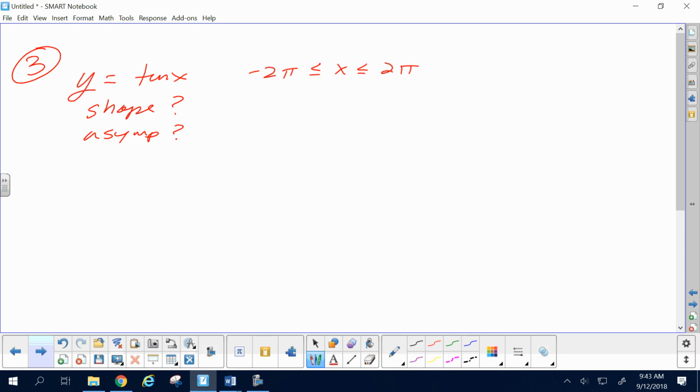Yes. The shape is like a cube, sort of. And the question is, what are the asymptotes? Now, if you can't remember that, think your way through it. The asymptotes happen because you have a zero in the denominator. So the asymptotes are where cosine is 0, and that's at pi over 2s, 3 pi over 2s, and so on, plus or minus.